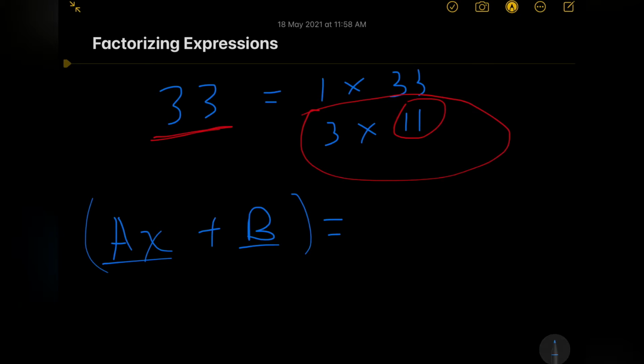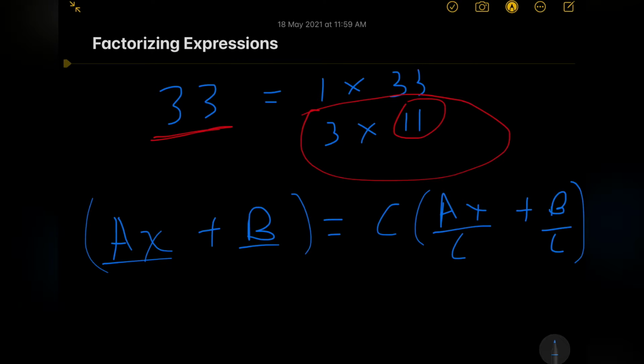So you'd have the highest common factor on the outside, which is the c there, and you would multiply it by ax divided by c, because you would factor the c from the a and the b, and the b would be b over c. And that's how you factor.